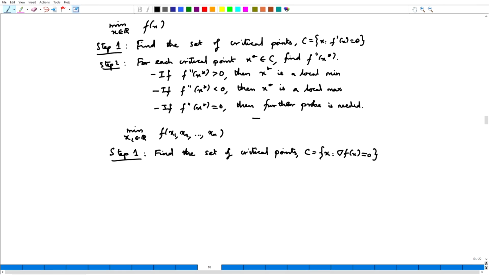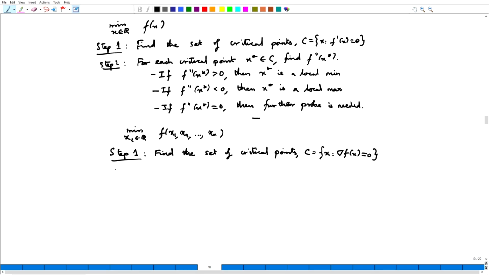You can find the partial derivatives, dou f by dou x1, dou f by dou x2, dou f by dou x3, dot dot dot, dou f by dou xn. All n partial derivatives must be equal to 0. Such a point is called a critical point.